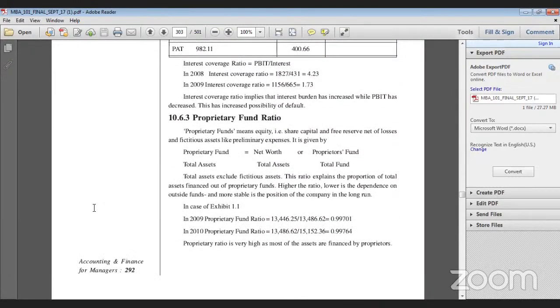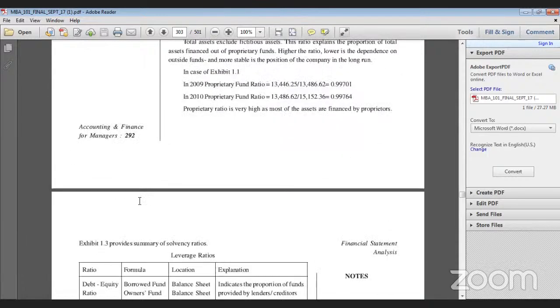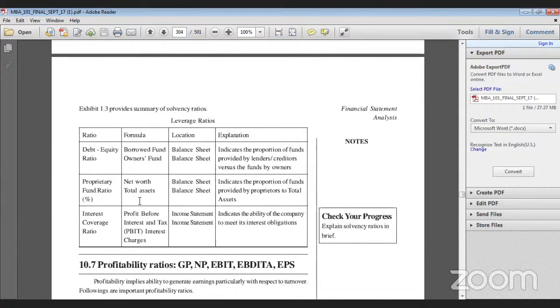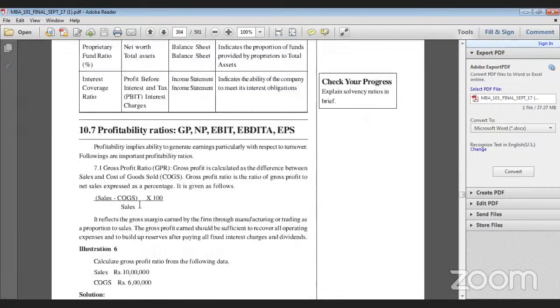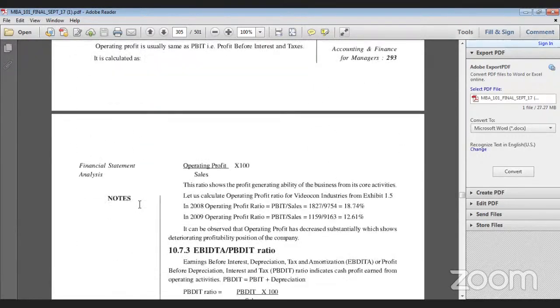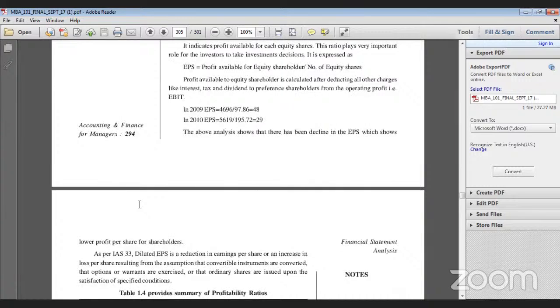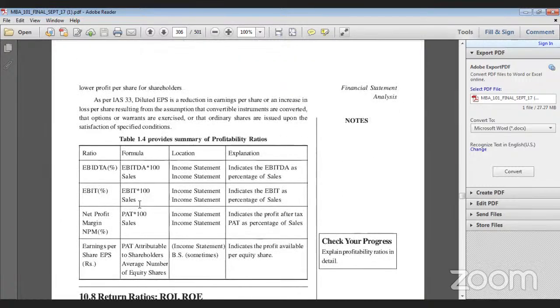After that, they have given ratios one by one. Proprietary fund is equal to net worth divided by total assets, or proprietary fund divided by total fund. After debt equity, proprietary fund and interest coverage ratio. After this, the P&L profitability ratio, which is EBIDT, EBIT divided by sale into 100.